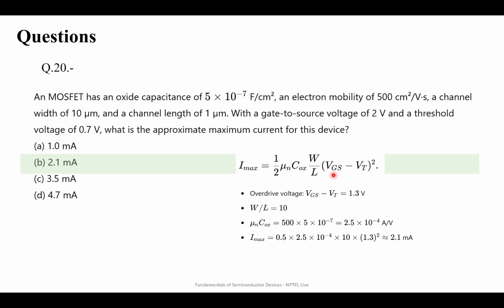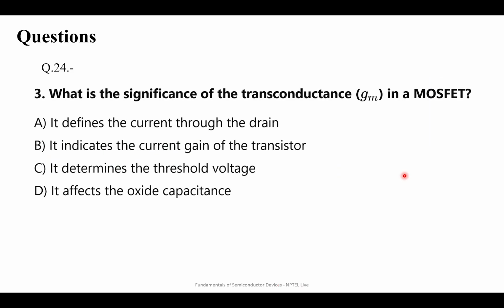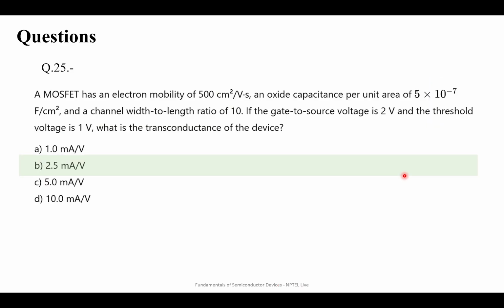Sir, you said that gm will be del I by del VGS, na? Yes. Okay, sir. So mu n is 500, Cox is 5 into 10 to the minus 7, W by L is 10, and VGS minus VT is 2 minus 1.